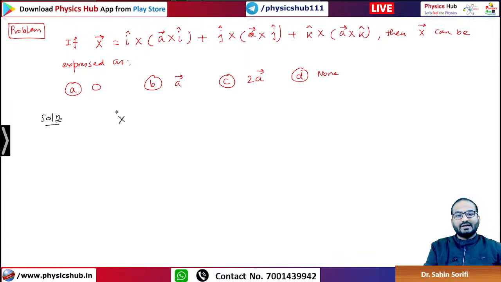So x is given as i cap cross A cross i cap. How do you write it?